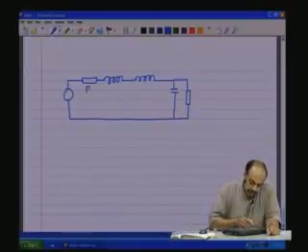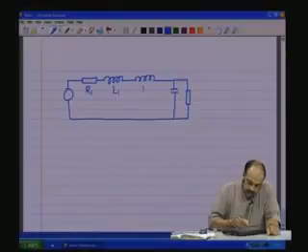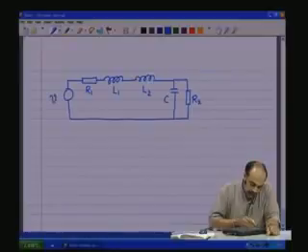So here you have, let us say, R1, L1, L2, C, R2 and an input source Vi.